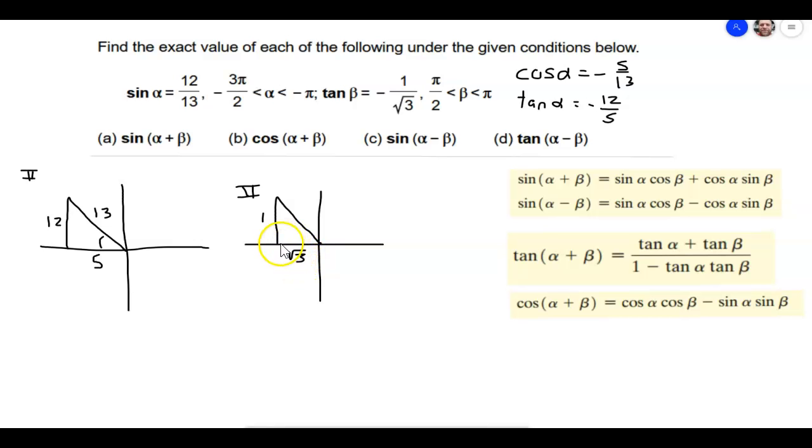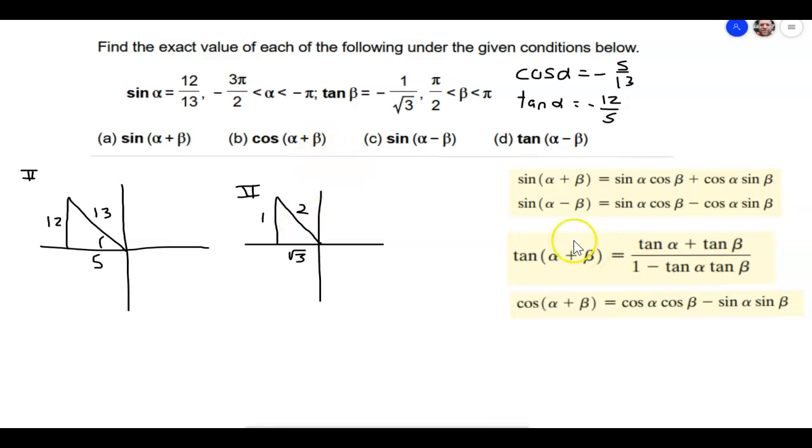To find the remaining side, 1 squared plus the square root of 3 squared is 1 plus 3, which is 4. The square root of that is 2. So this is the 1, 2, square root of 3 special triangle, which should give us the other information we need.